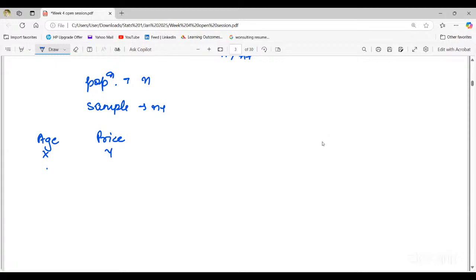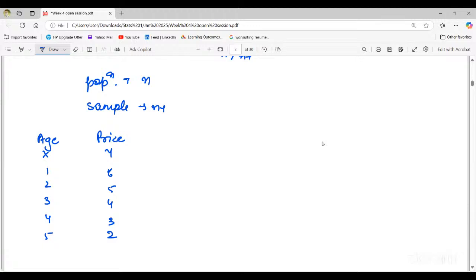Age is 1, 2, 3, 4, 5. Price is 6, 5, 4, 3, 2. Now I have to calculate the covariance between them. This is the age of a car and the price of a car.